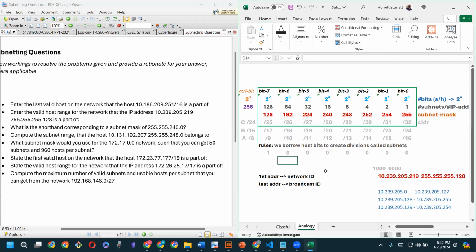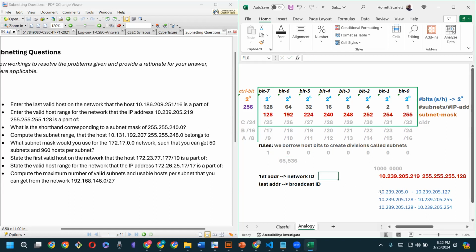That's the total number of patterns that we are working with. So given that, when you finish, you must account for all of these. So now we're doing the subnetting.